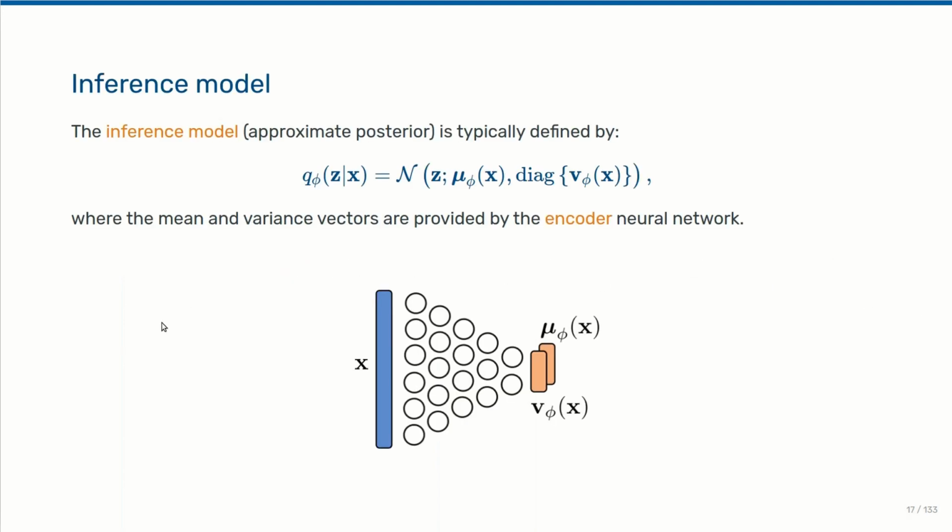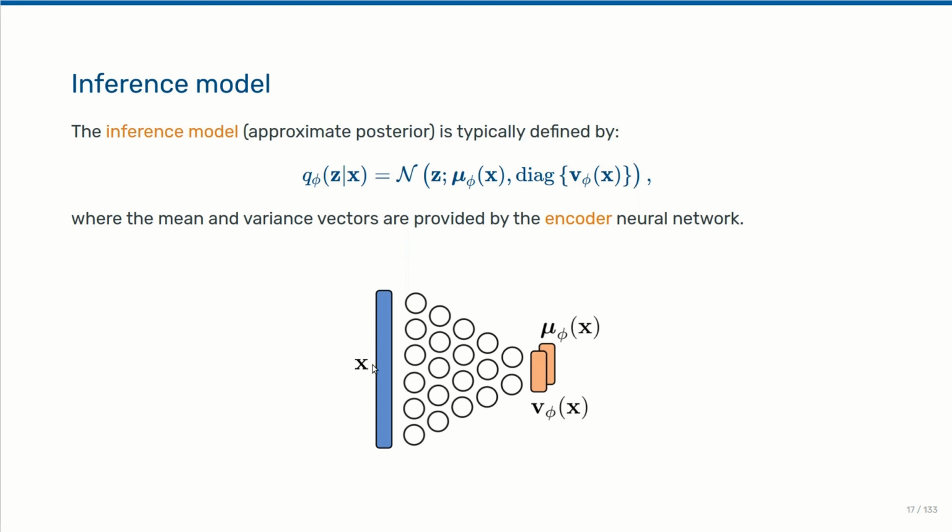We will use the very same strategy that we used in the decoder, but inversing the role of X and Z. Indeed, we will assume that Q phi follows a multivariate Gaussian distribution whose parameters mu phi and v phi depend on X through a nonlinear neural network that is also called encoder.